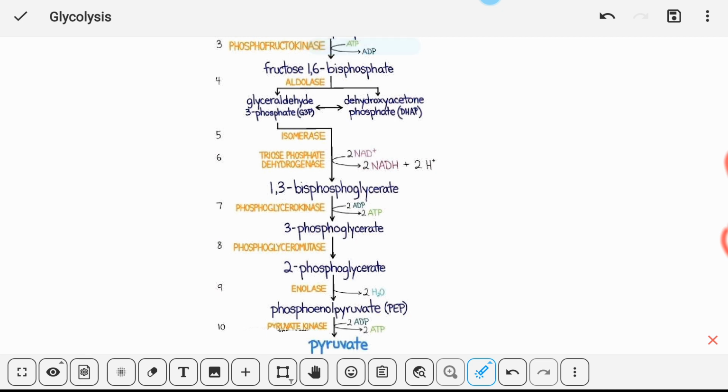The process by which an intermediate of the pathway activates another enzyme within the same pathway is known as feed-forward regulation. Fructose 1,6-bisphosphate, which is the intermediate here, activates an enzyme here, pyruvate kinase. This is the feed-forward regulation of pyruvate kinase enzyme.